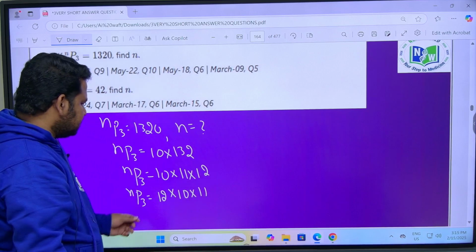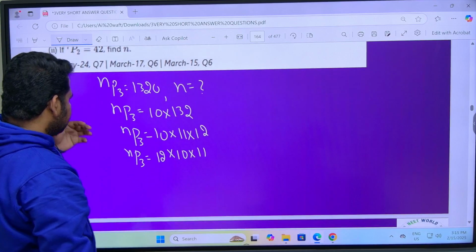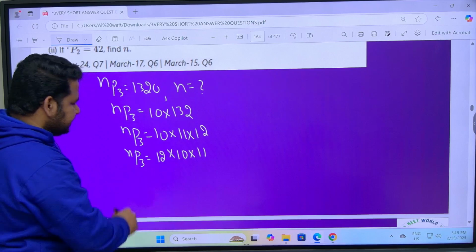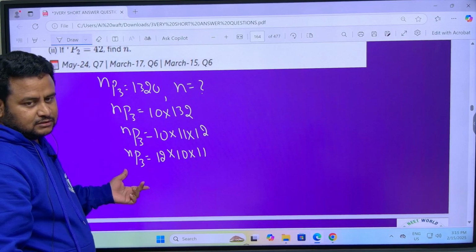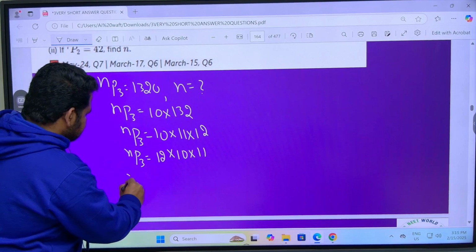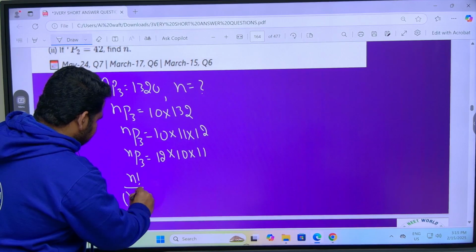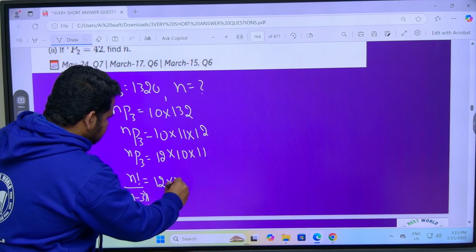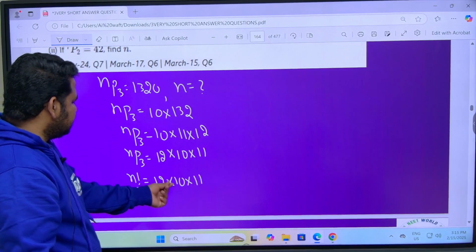Further, NP3 is n factorial by n minus r factorial, so this will be n factorial by n minus 3 factorial, which equals 12 into 10 into 11.